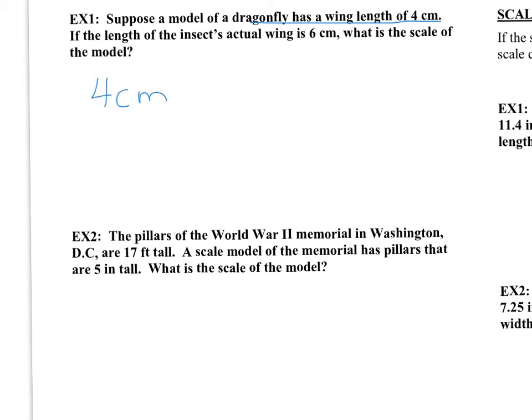That's the model. The actual size would be 6 centimeters. So in this case, we are creating the scale factor, which then can be simplified by dividing by 2. We divide each one by 2, so we end up with 2 centimeters for every 3 centimeters.